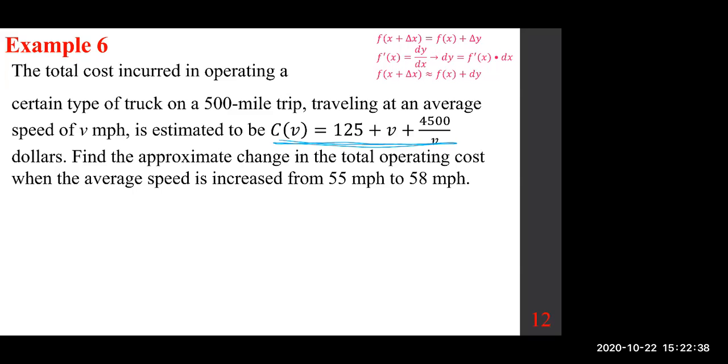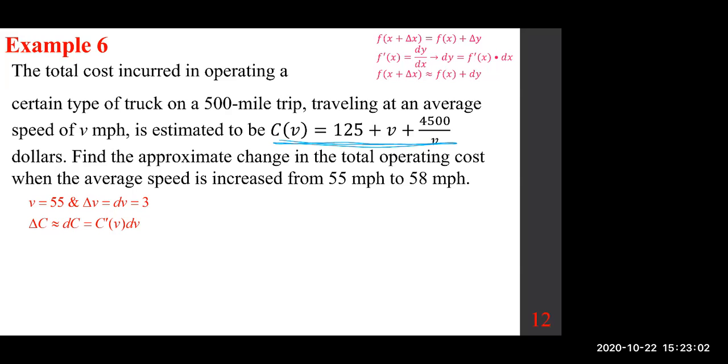When we say approximate change, we really want the change in the cost, so delta C or dC, by the approximation. So V is 55, dV is 3, and we want dC, which is C prime of V times dV.